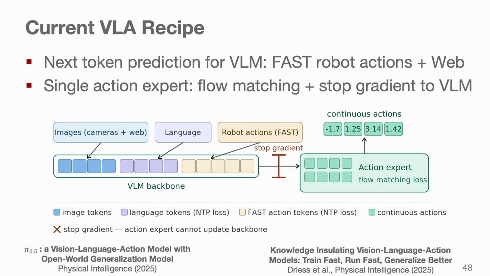All right. So to close off this VLA part, I want to present some of the high-level ideas on how a lot of the current state-of-the-art VLAs are being trained, mostly based on the Pi05 and the knowledge insulation papers.